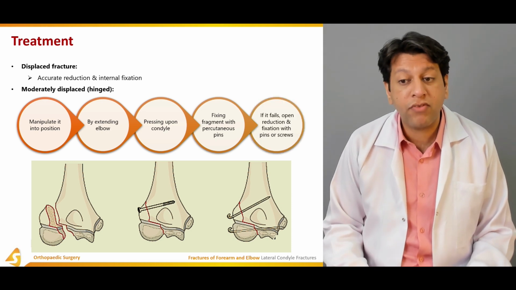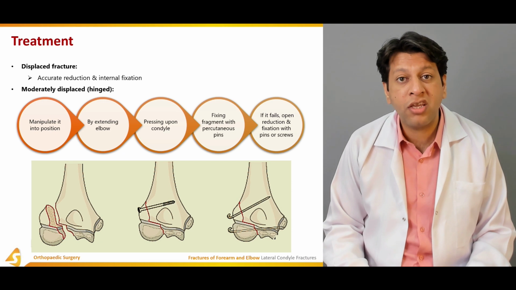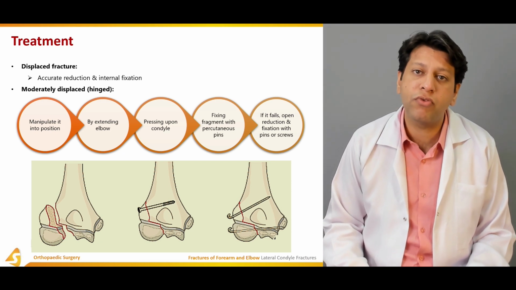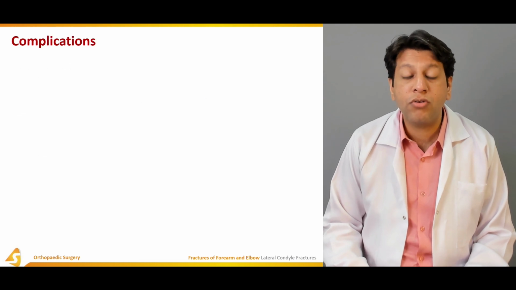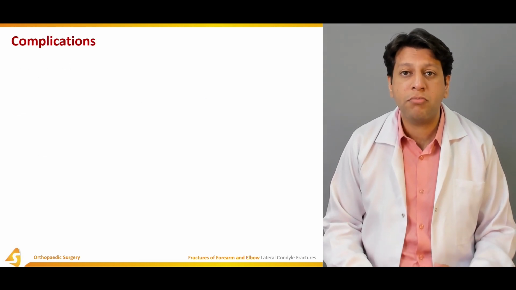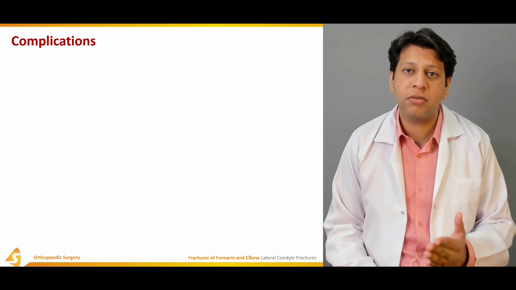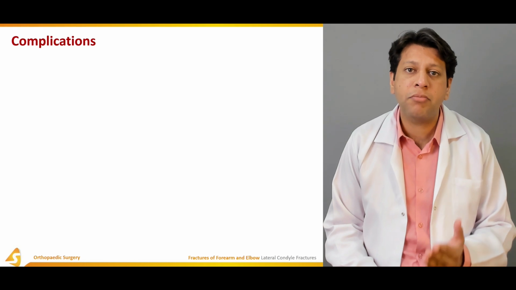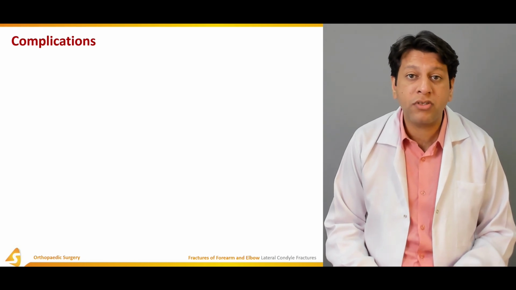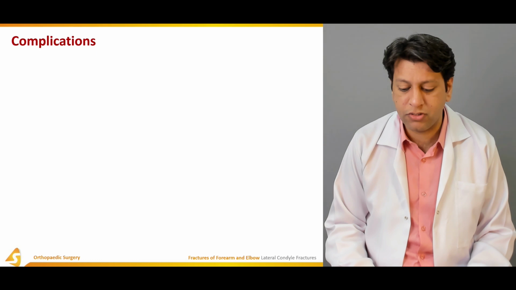If it fails or does not engage into place, then we have to go for open reduction internal fixation with pins as well. The important thing to remember is that treatment depends on the Weiss et al. classification. Type 1 is conservative, type 2 is closed reduction internal fixation, type 3 is open reduction internal fixation.